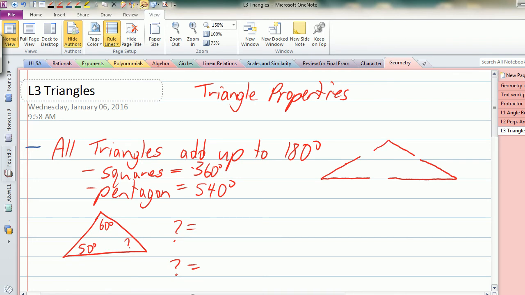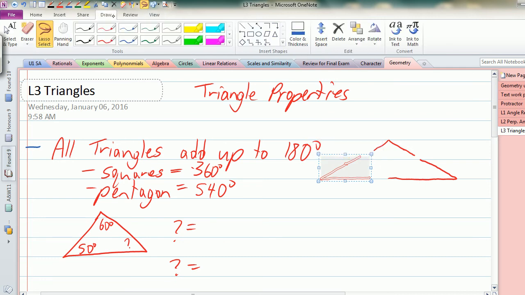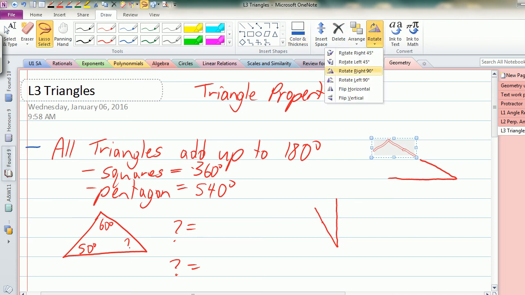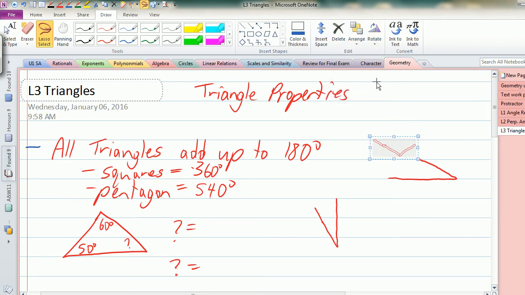So what we're going to do is take these 3 angles and we're going to rotate them. We're going to take this angle and rotate it, and again, and again.